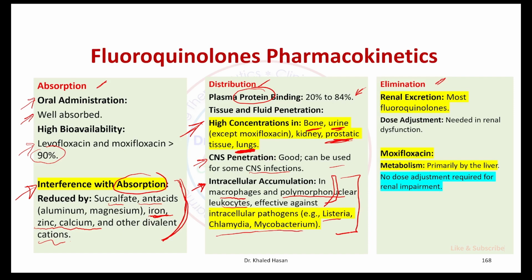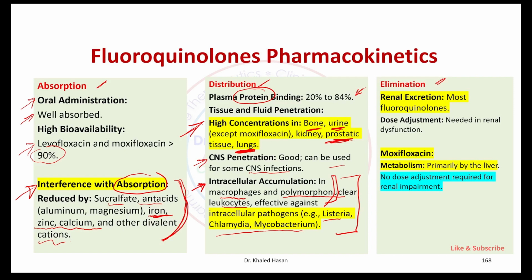So this explains why fluoroquinolones are considered effective agents for treatment of intracellular infections such as listeria, chlamydia, and mycobacterium, because these medications are able to arrive inside cells such as macrophages and polymorphonuclear leukocytes.